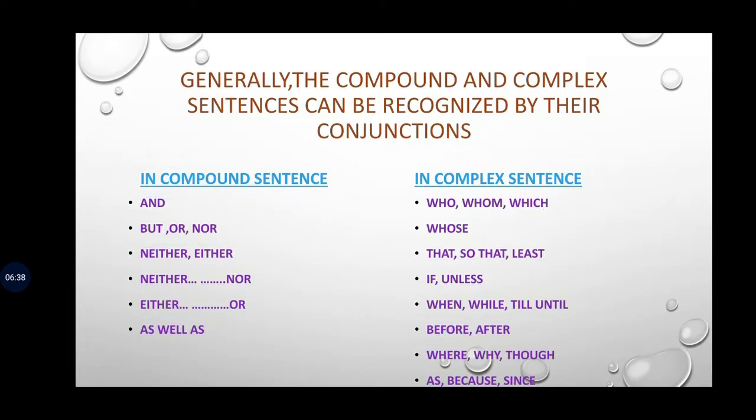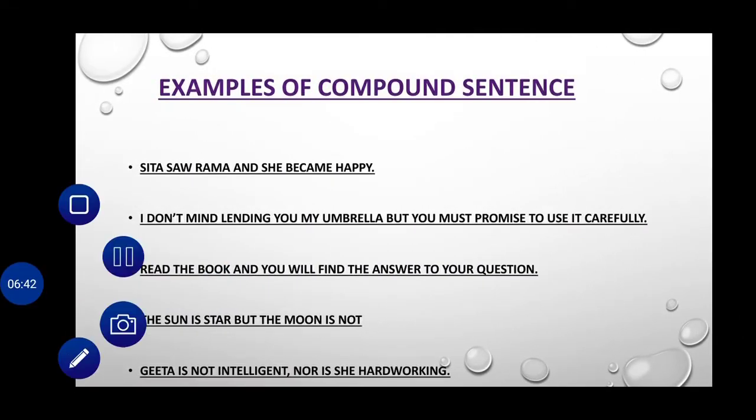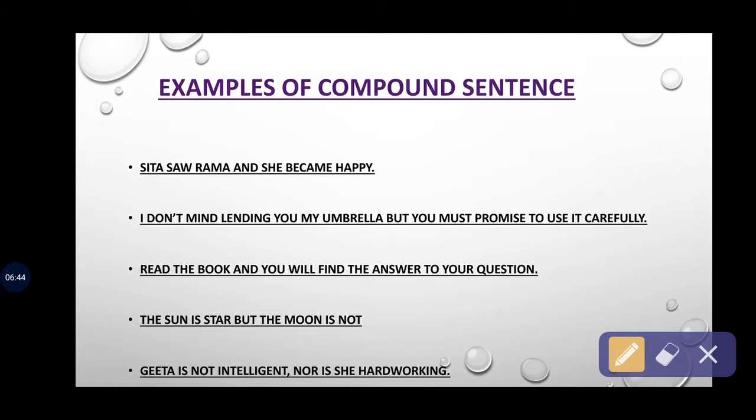Now we are moving to the examples of compound sentences. Here we have five examples. First is "Sita saw Rama and she became happy." As you can see, we have two different clauses here, and this conjunction helps to make a compound sentence.